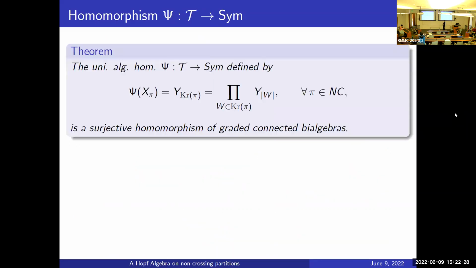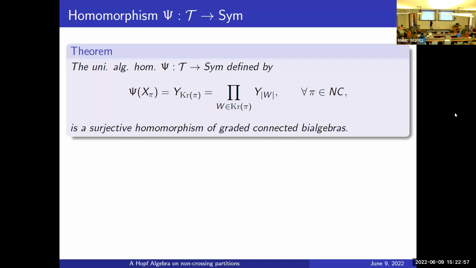Let's go directly to the result, which is that we can send the Hopf algebra T to the Hopf algebra Sym with a unital algebra homomorphism, which is defined as follows. Remember the Hopf algebra T is generated by the x_pi's, which are indexed by non-crossing partitions.